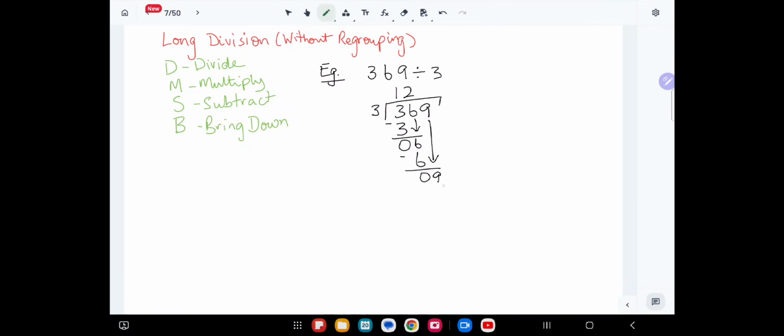Now we have 9. 3 could go into 9 3 times. Next step is to multiply. 3 multiplied by 3 is 9. Next step is to subtract. 9 take away 9 is 0. We have no more numbers to bring down, so therefore our answer is equal to 123. So that is long division without regrouping.